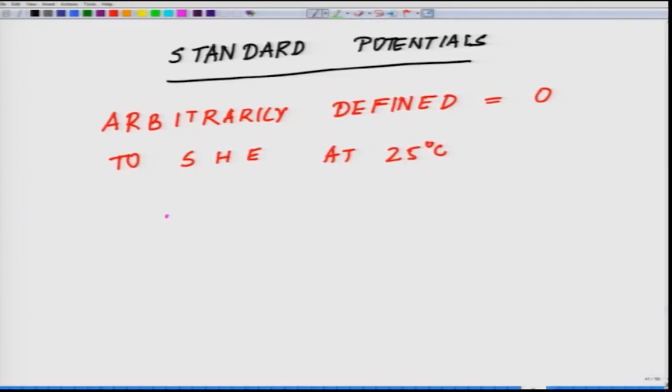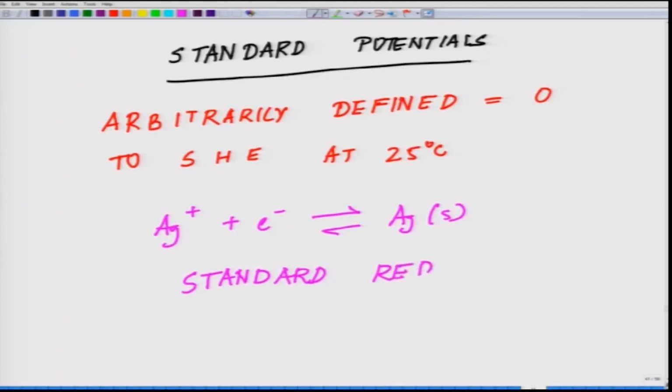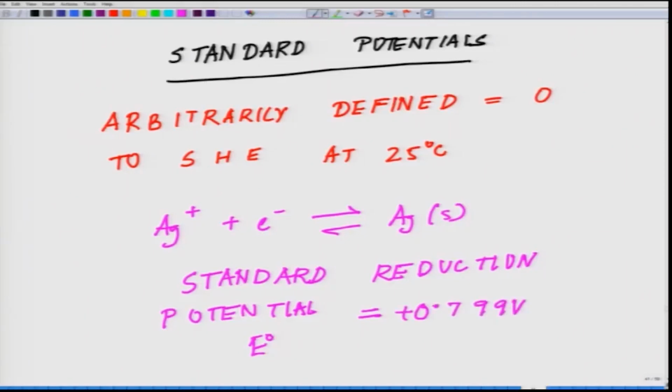Okay. So, for the reaction Ag plus electron making Ag solid, the standard reduction potential is positive 0.799 volt.